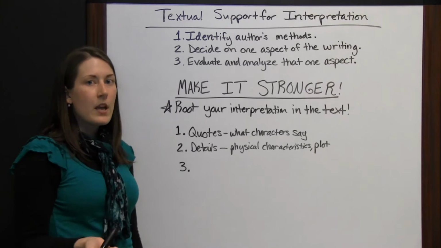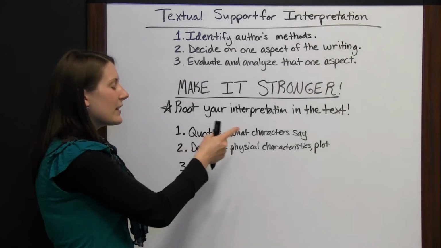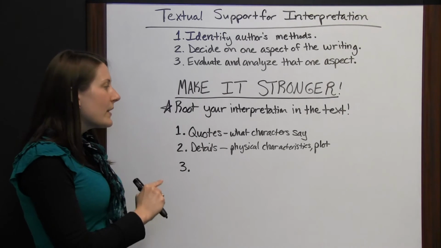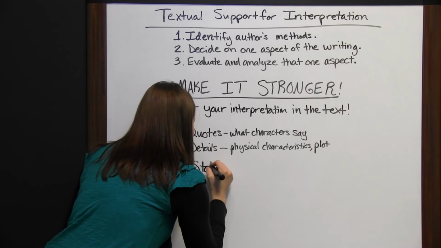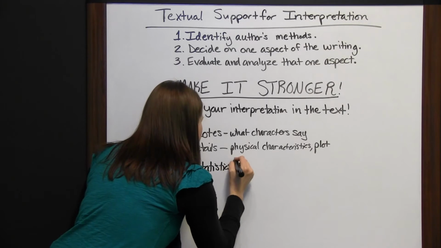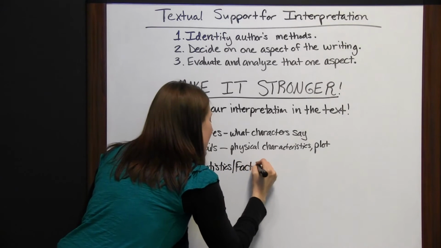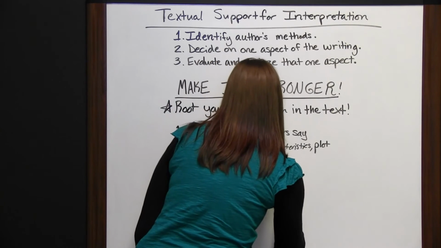Another thing you can do, which isn't going to pull information directly from the text you read, but is going to make your work stronger, is to find statistics or facts relating to your topic.